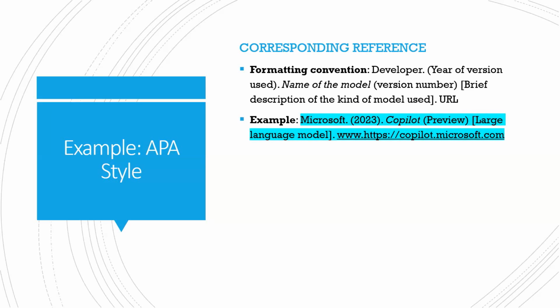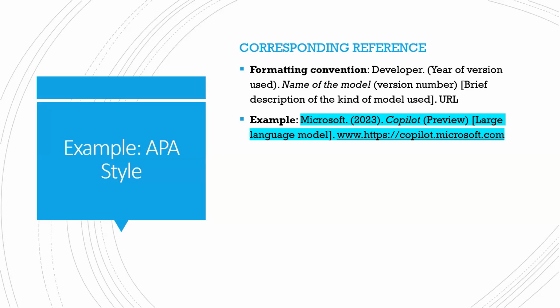Microsoft is our developer. 2023 is the year of the version of the tool. Copilot is the brand name, italicized. The version number, again, in the case of Copilot, we have this preview phase, so we have that in parentheses. And then for your description, for most chatbots, you can probably just always use large language model.